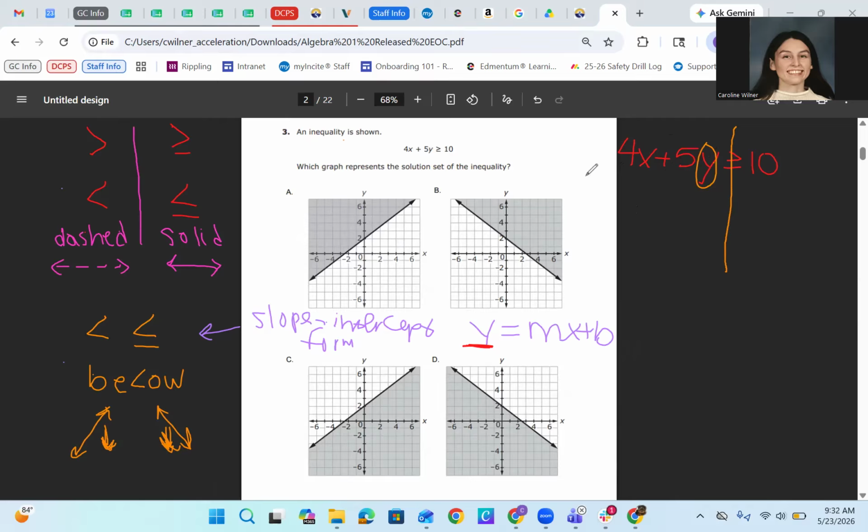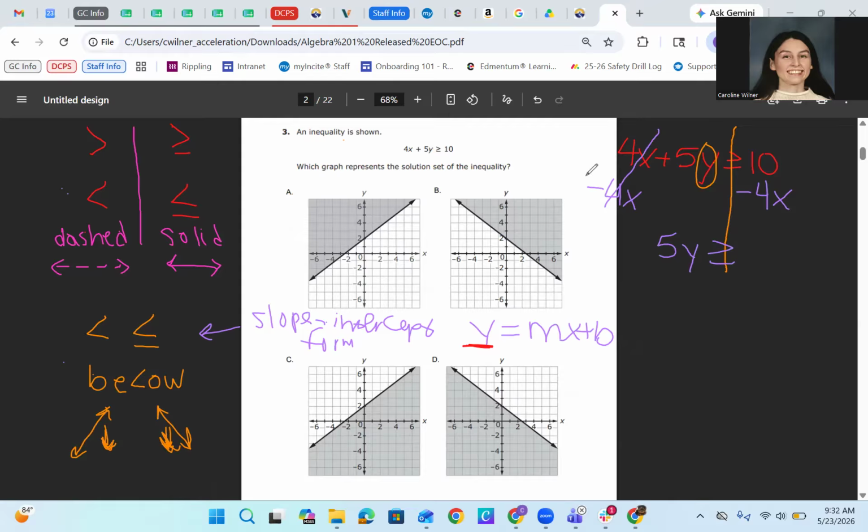Well, what's the opposite of addition? Opposite of addition is going to be subtraction. So I'm going to subtract 4x. Again, have to do it to both sides. It will cancel on the original side. And I'm going to drop down what I had not touched, keeping my inequality sign the same.